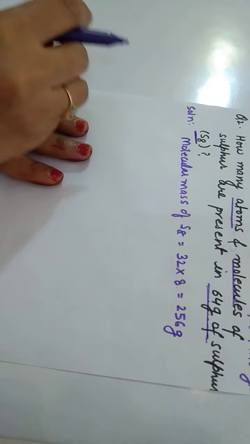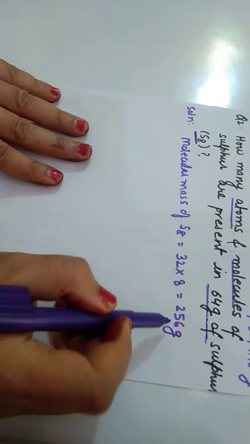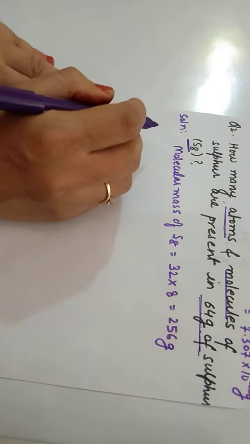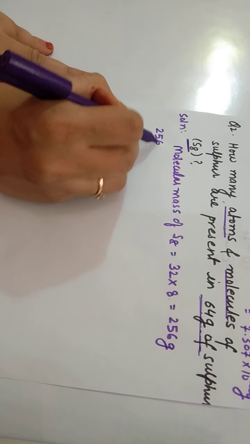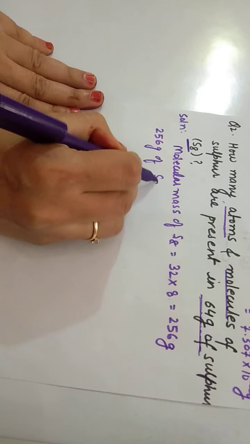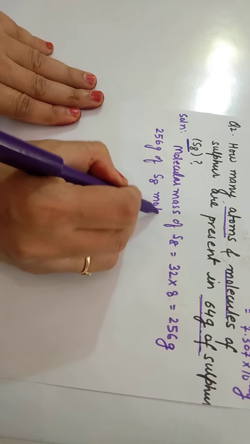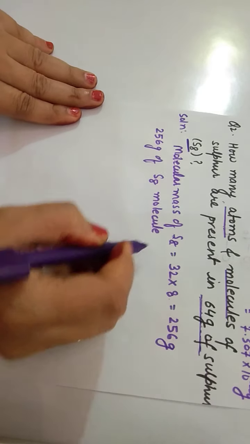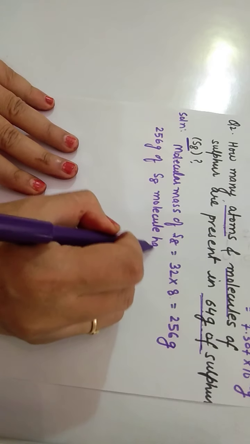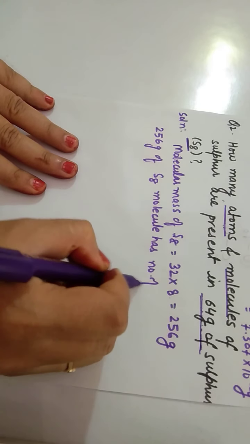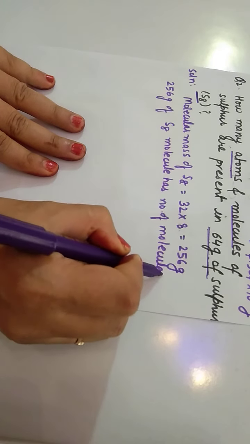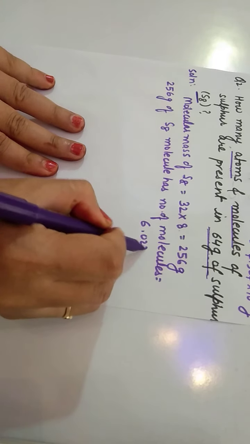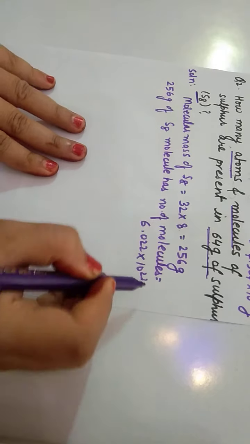Now next part. So this is the number of gram which will have Avogadro number of molecules. So what you will write? 256 gram of S8 molecule has number of molecules equal to Avogadro number of molecules.